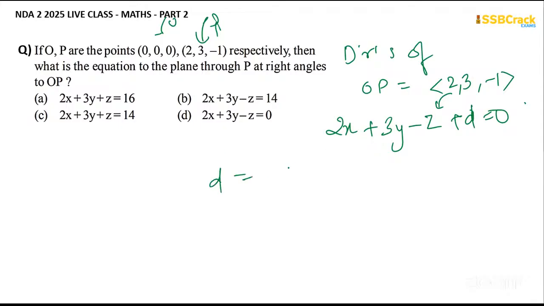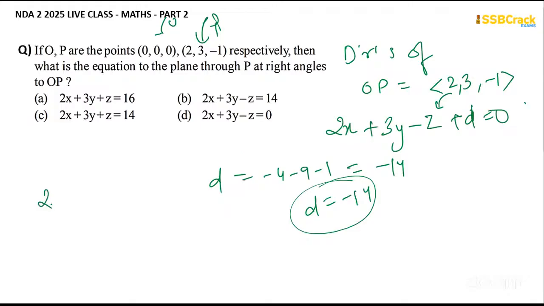So what will be d? d will be minus 4 minus 9 minus 1, that is -14. So d will be -14 from here. So the equation of the plane is 2x plus 3y minus z is equal to 14. That is option number B.